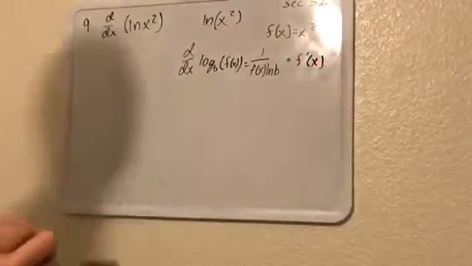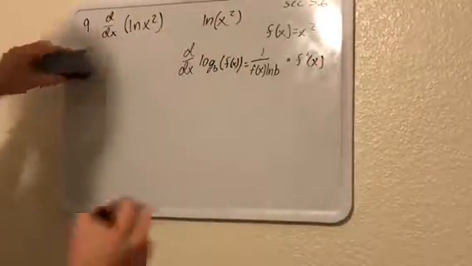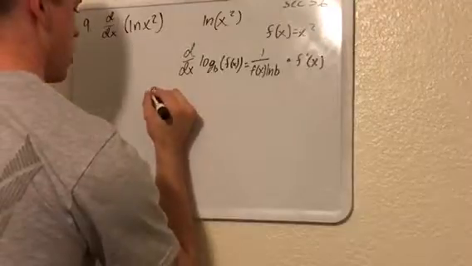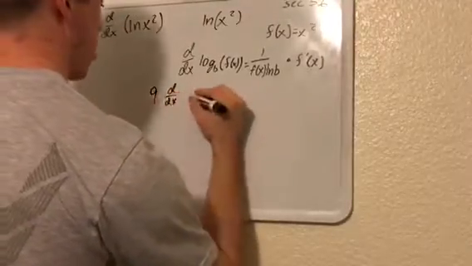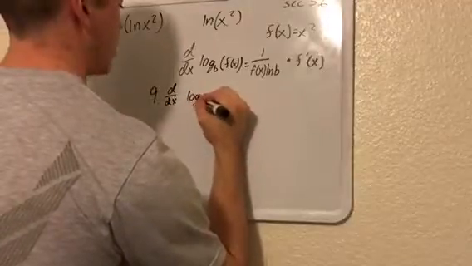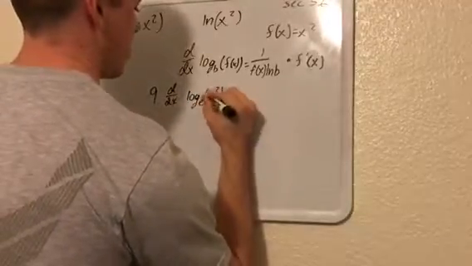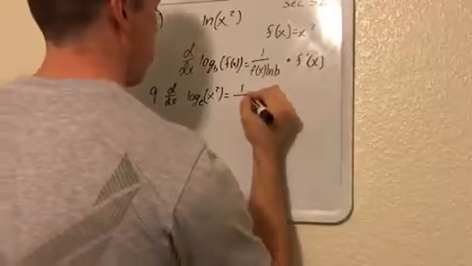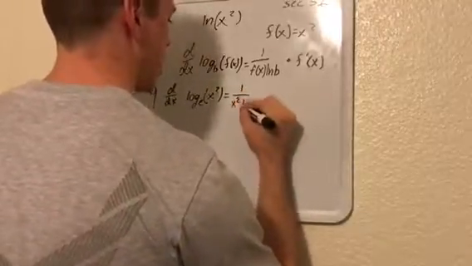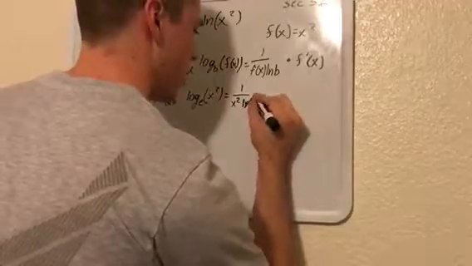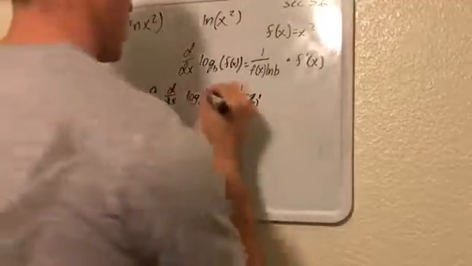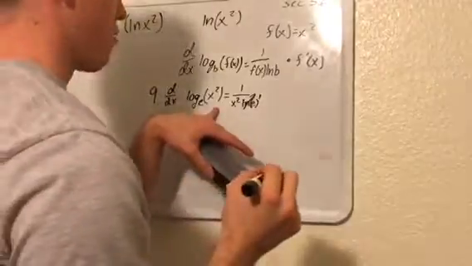So if we did the problem that we have here for number 9, all you would have to do is say that the derivative with respect to x of log base e of x squared is equal to 1 over x squared times natural log of base e, which is equal to 1, times the derivative of f of x.